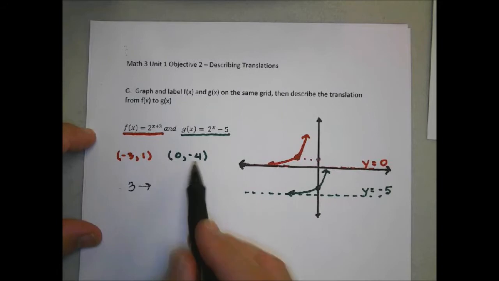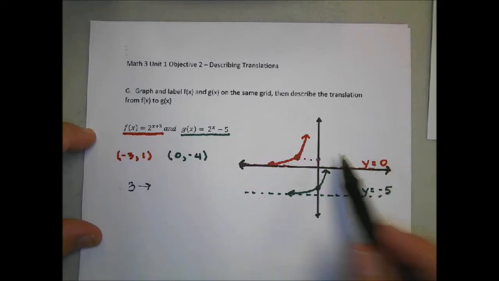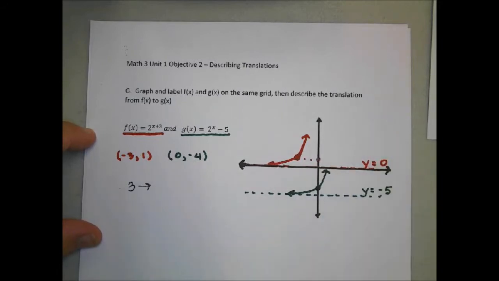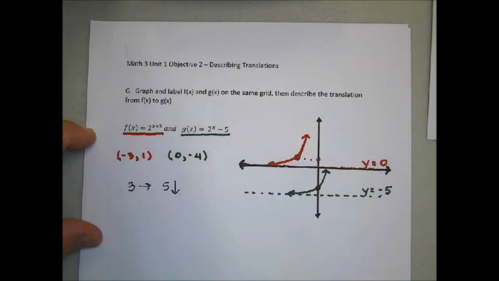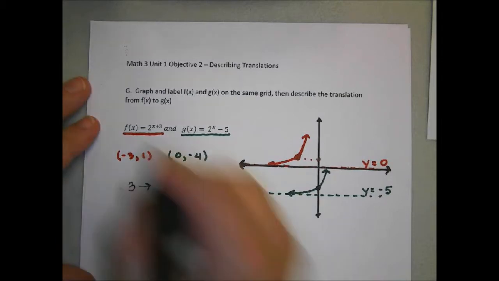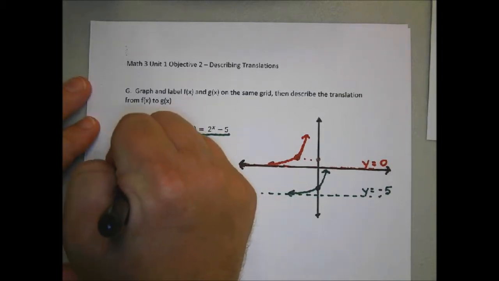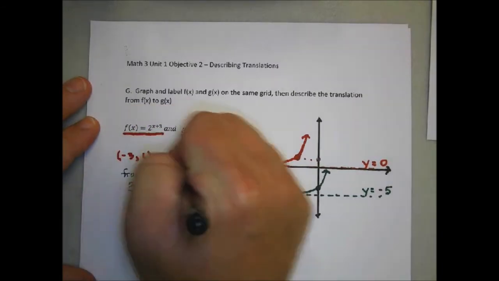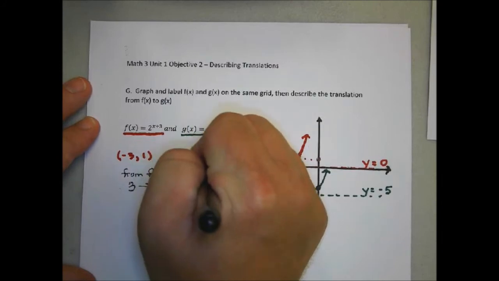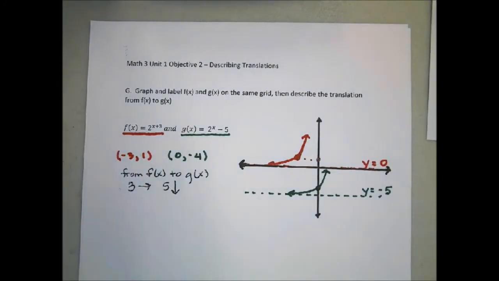If you were at positive 1 and you ended up at negative 4, what did you do to get there? You dropped 5. And that would be your transformation right there, from f of x to g of x. You go to the right 3, you go down 5.